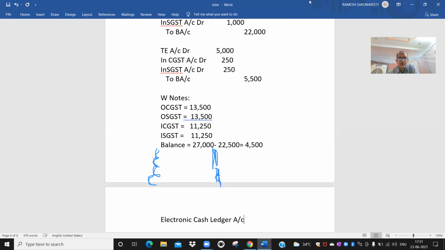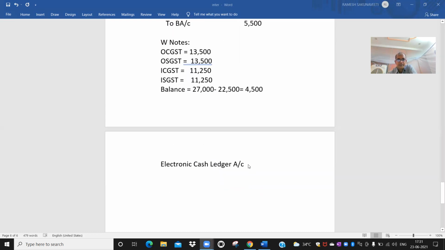This 4,500 you have to transfer to the electronic cash ledger account. Have you noted down the working notes? Yes, sir. So our journal entry is going to be like this.